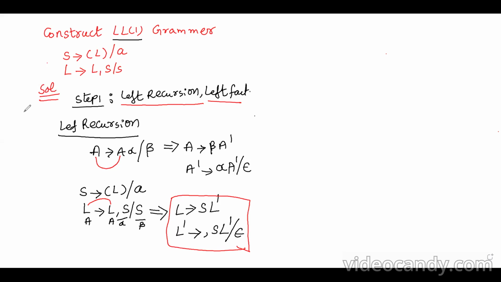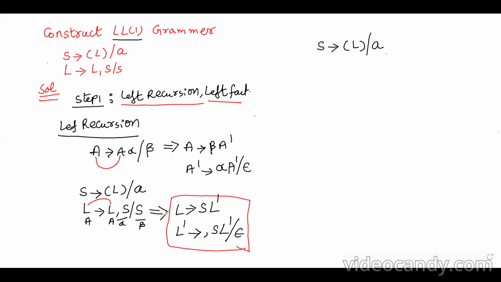So remember the given production is S tends to open bracket L close bracket slash A. First we must write S tends to open bracket L close bracket slash A. L tends to L comma S slash S we should not write, because it contains left recursion.